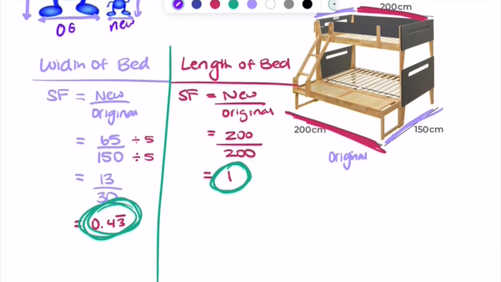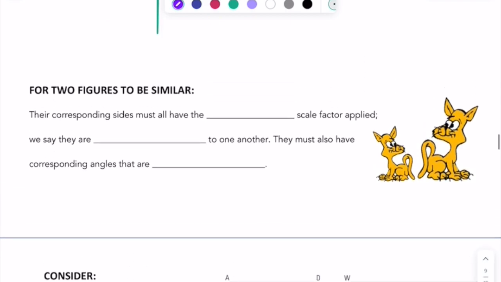So now what? Let's talk about what it means to be similar. Now, to be similar, we need to meet two conditions. Condition number one, all of the corresponding sides must have the exact same scale factor applied. So it's not just the same scale factor, but it's for every single set of corresponding sides.